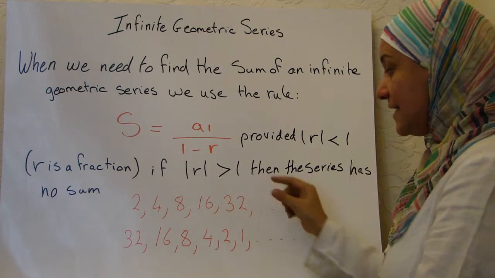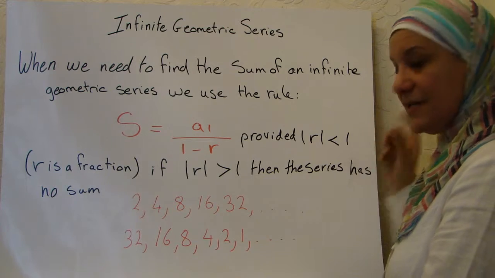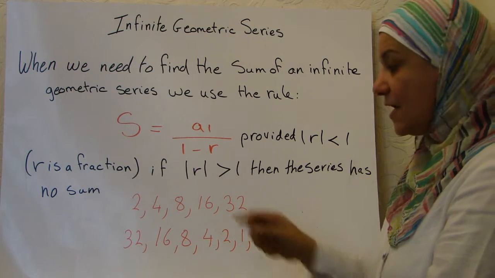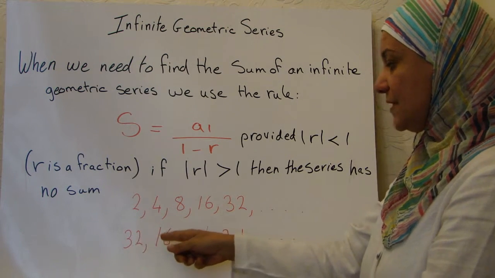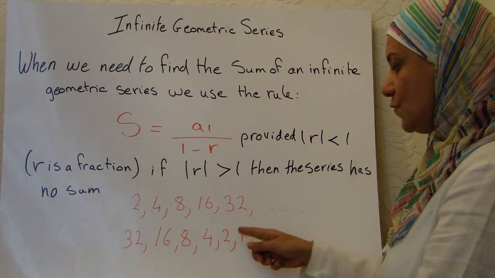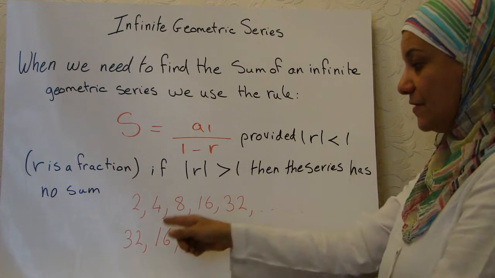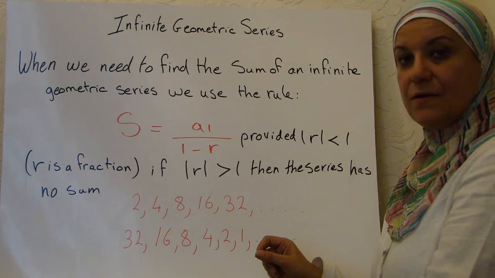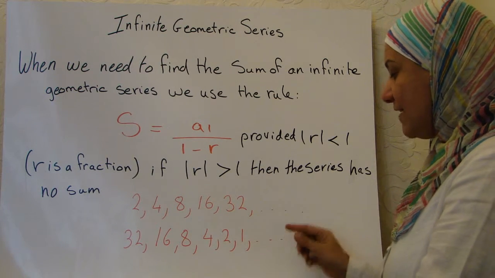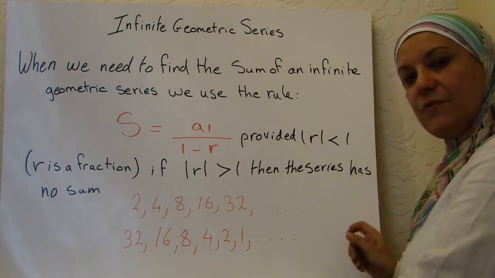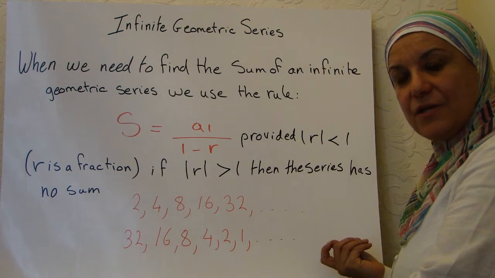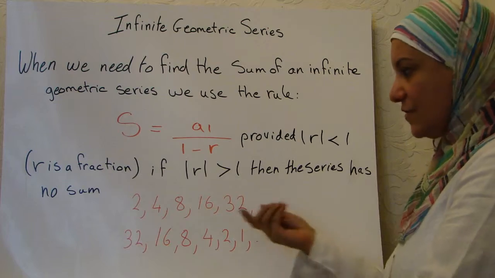Because it goes on and it's getting bigger and bigger, and I don't know where it ends. While this one, 32, 16, 8, 4, 2, 1, it gets smaller. And for the infinite answer, because the r is less than 1, which is half, at the end I'm going to have a very, very tiny answer, which doesn't really matter in your sum.